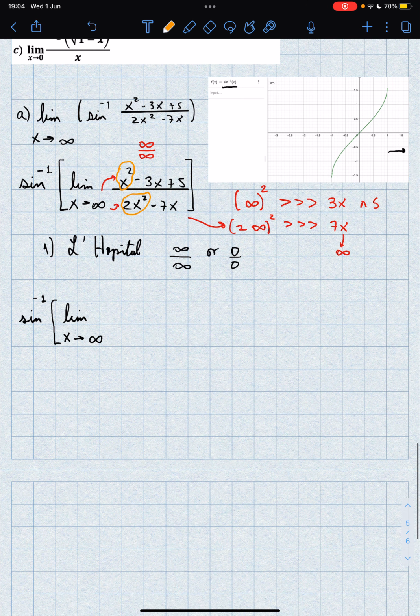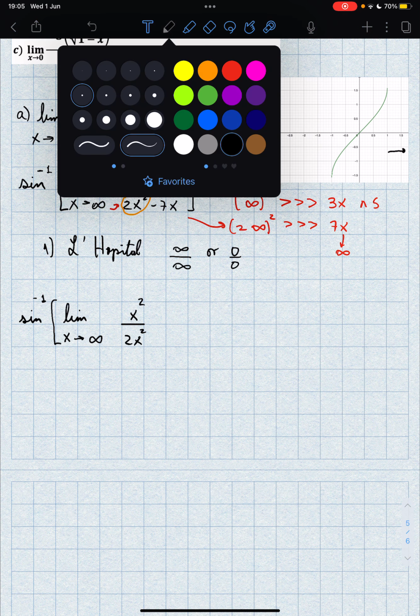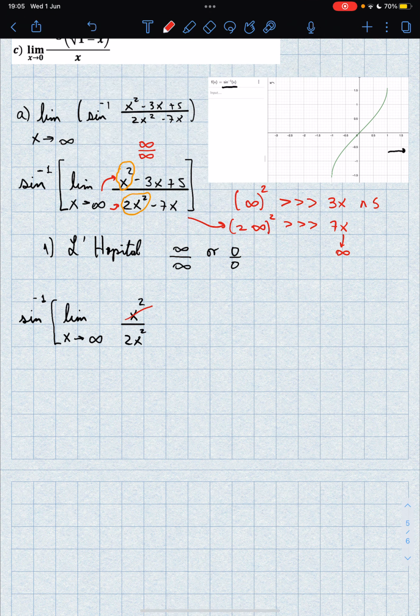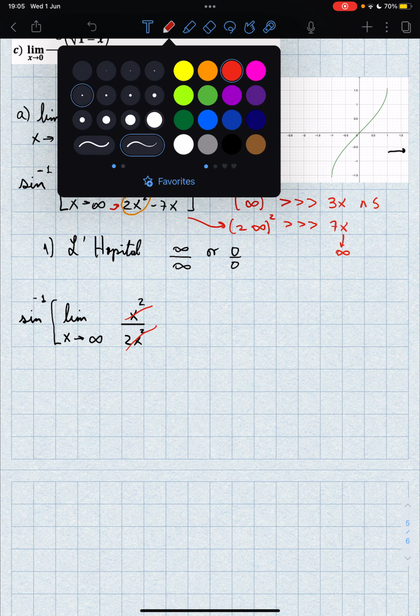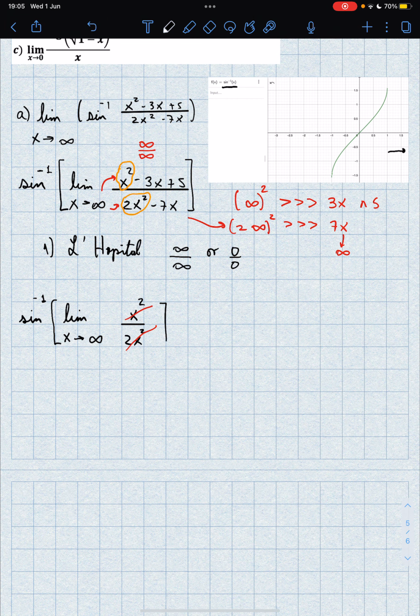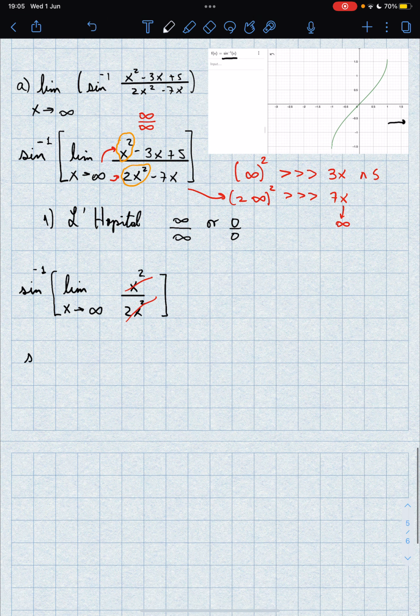So in this case, you're going to have easily x squared divided by 2x squared. And then you can simply cancel them. And you're going to have the inverse sine of 1/2.